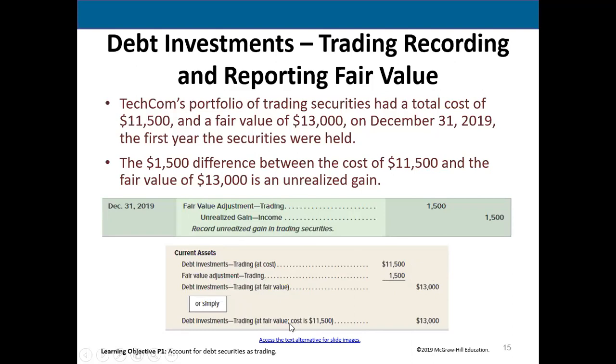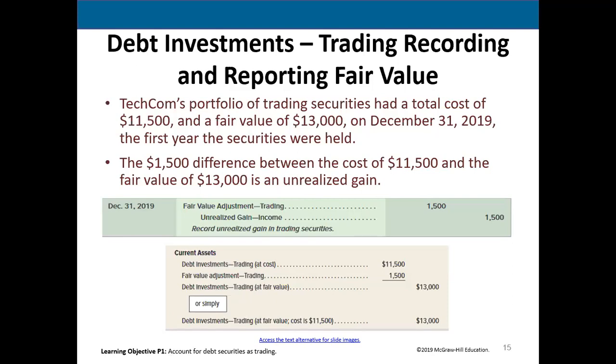And then in the parentheses, cost is $11,500. Either is acceptable. But the big thing here is that debt investments in this category are reported at their fair value on the balance sheet, and any difference between cost and fair value is reported on the income statement.